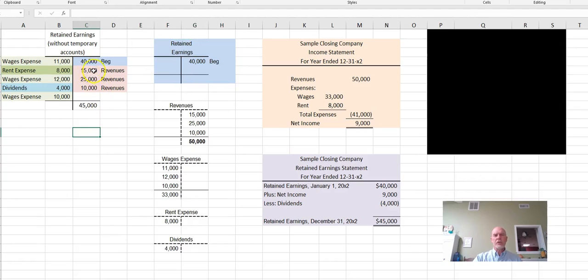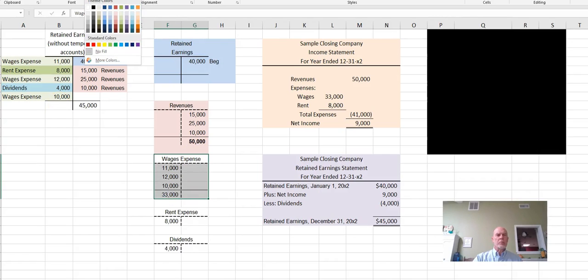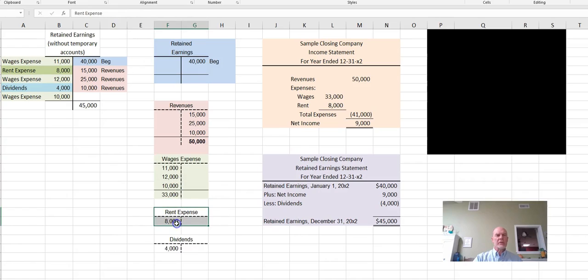The revenues, those three credits for revenue, those we are splitting out into a separate revenue account. And then we had three different debits for wages expense. And so we will put those into a separate wages expense account. We also had one rent expense.